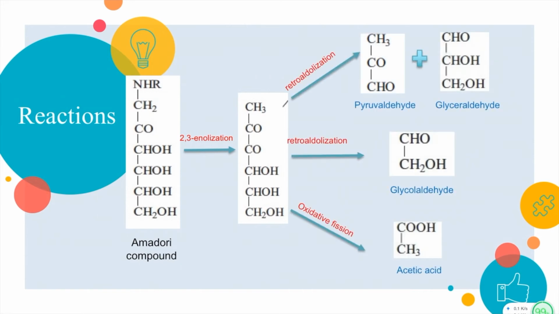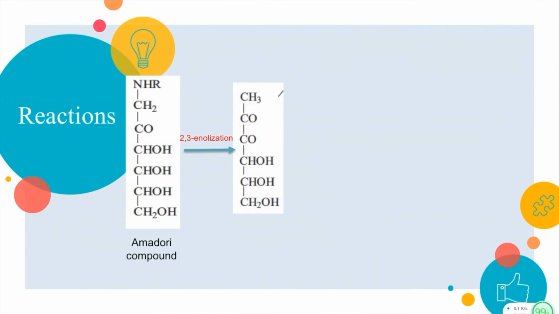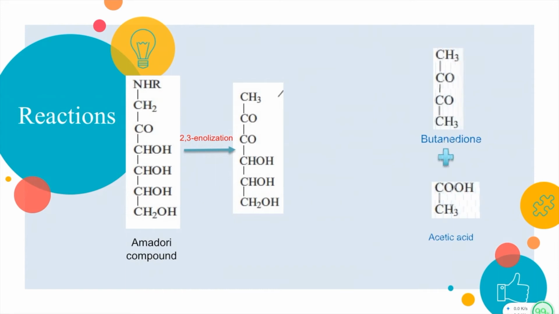Next, the intermediate compounds will give pyruvaldehyde, glyceraldehyde, and glycolaldehyde by retro-aldolization. Acetic acid will be given by oxidative fission. Moreover, butanedione and acetic acid also can be produced by rearrangement of the intermediate compounds and subsequent reductions and hydrolysis.